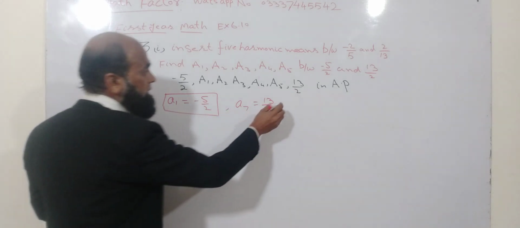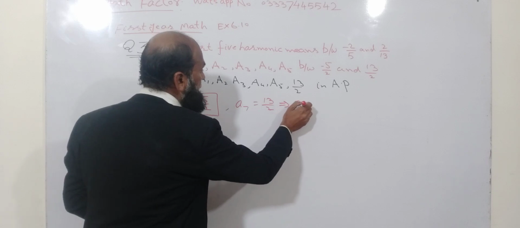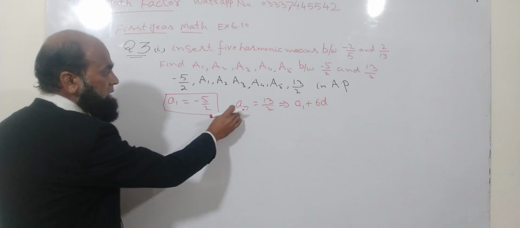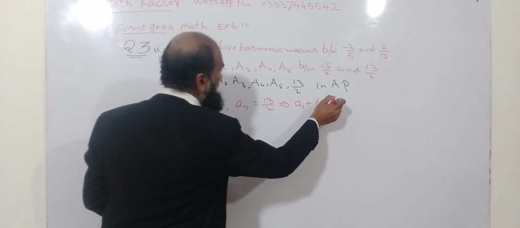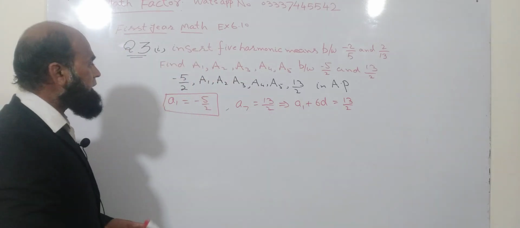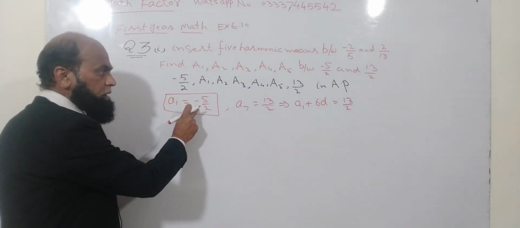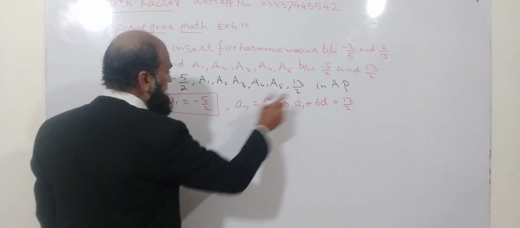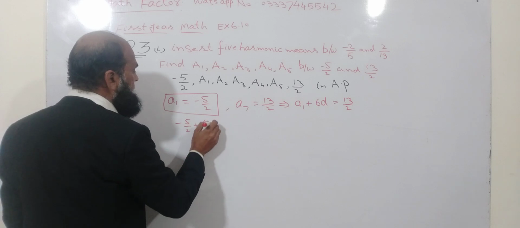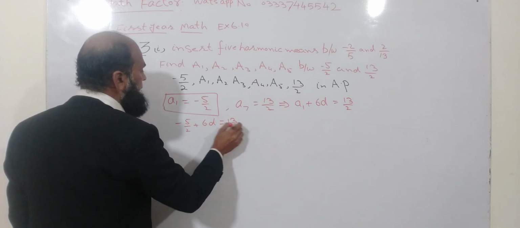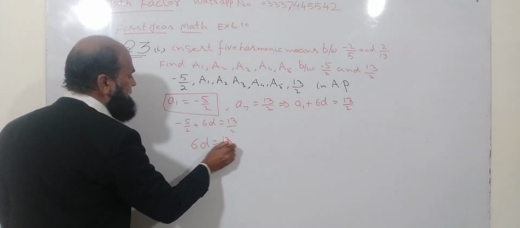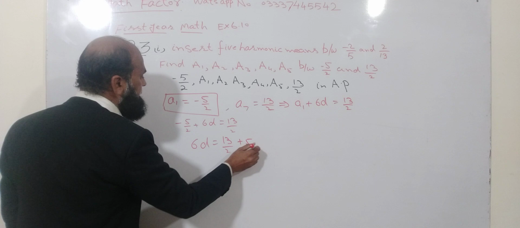The formula of A7 is a1 plus 6D in the form of arithmetic progression. A7 is equal to a1 plus 6D and we write here 13 by 2. When we replace the value of a1, minus 5 by 2, we get minus 5 by 2 plus 6D is equal to 13 by 2, and we get 6D is equal to 13 by 2 plus 5 by 2.